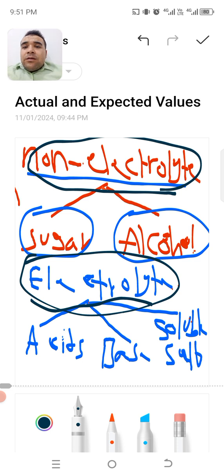Let us talk about the reason behind having differences between the actual and expected values for an electrolyte solution, but not having a difference between the expected and actual value for non-electrolyte solutions.